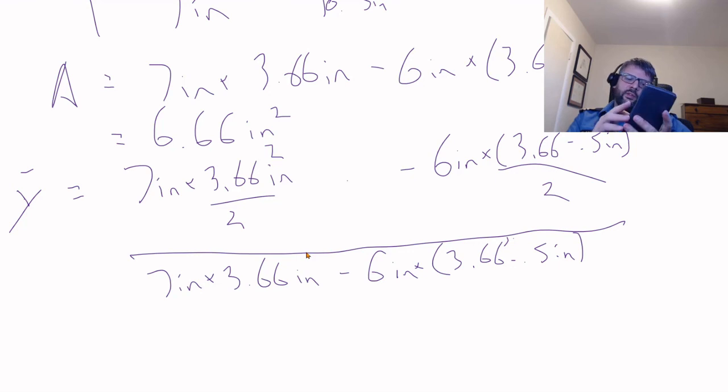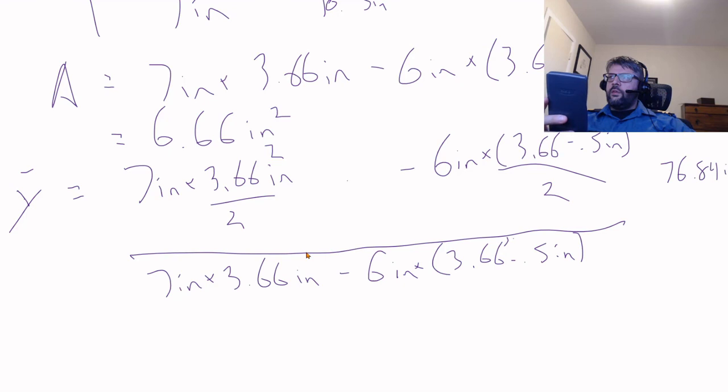So what do we got here? 7 times 3.66 squared divided by 2 minus 6 times 3.66 minus 0.5 squared divided by 2. The value on the top is 76.84 inches to the third.